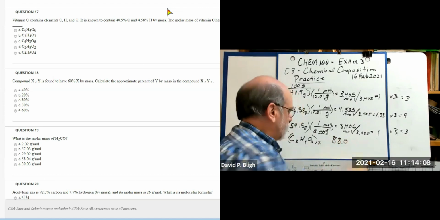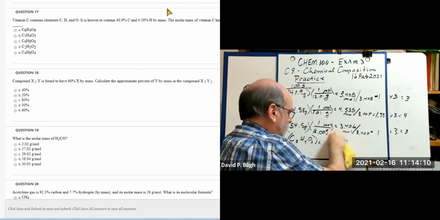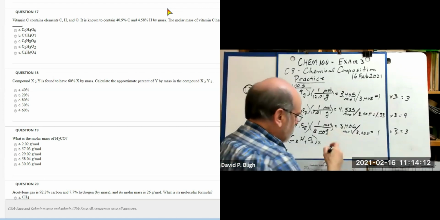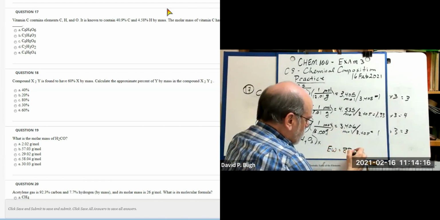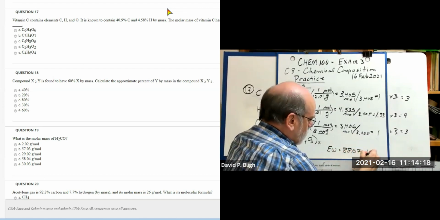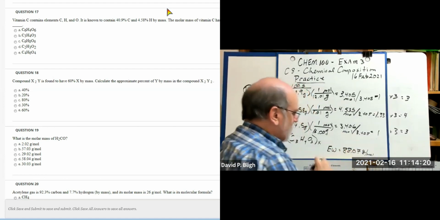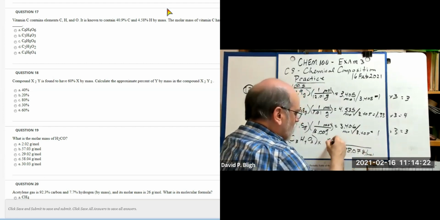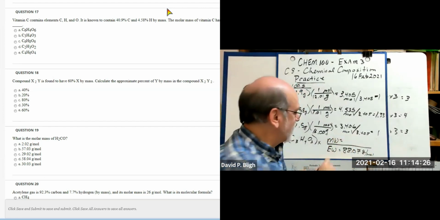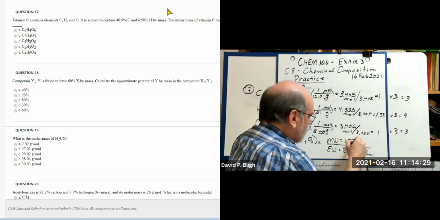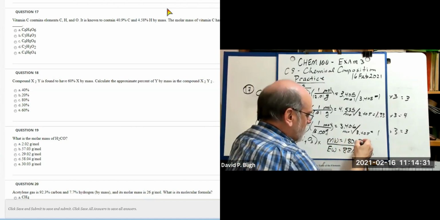Let me do it this way. The empirical weight is 88.07 grams per mole. But the molecular weight, or the molar mass for the compound, is given as 180 grams per mole.